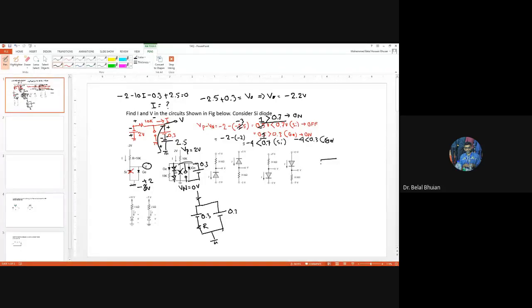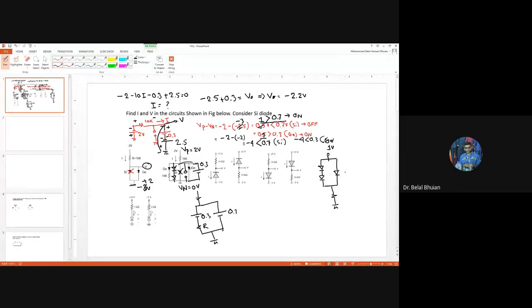So let's say we have two germaniums and one germanium. Let's say 1 volt. So what will happen? Where the voltage required is less, that germanium will be on.